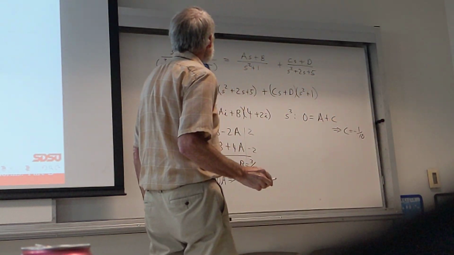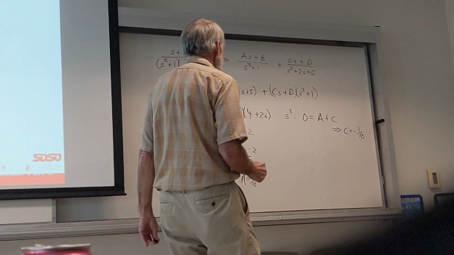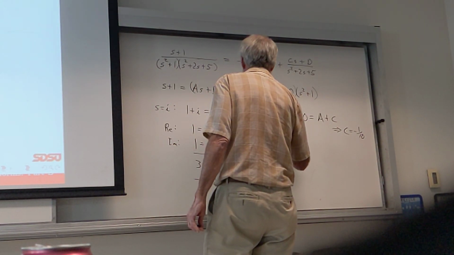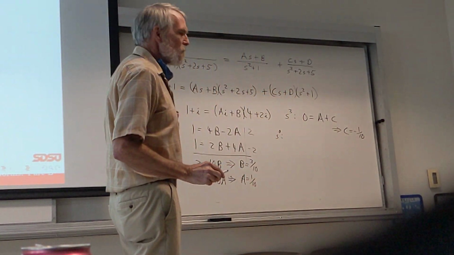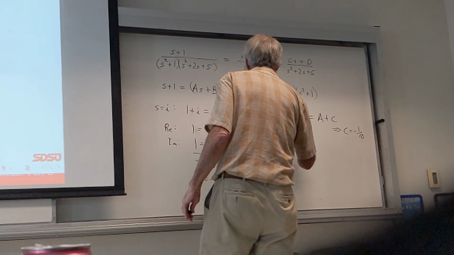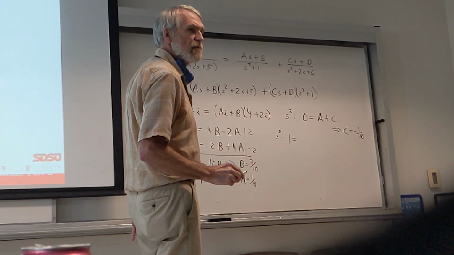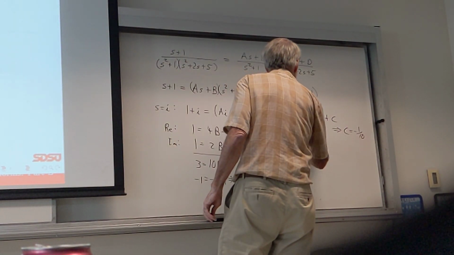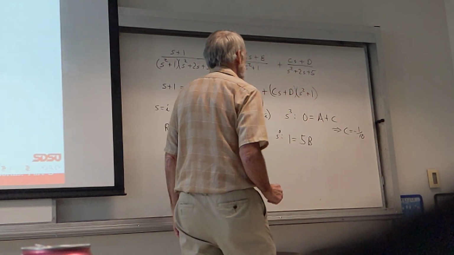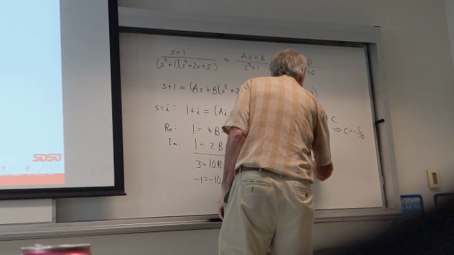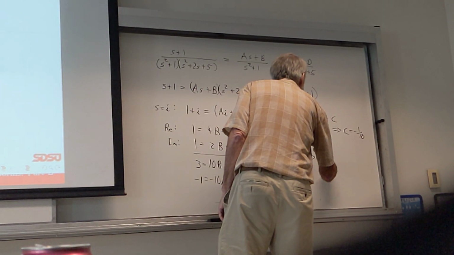Probably the easiest thing left over is to do constants. On the left-hand side, we've got 1. On the right-hand side, we have 5b plus d. What does that tell us about d?